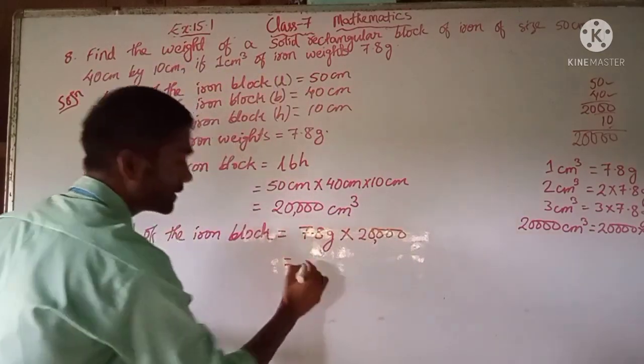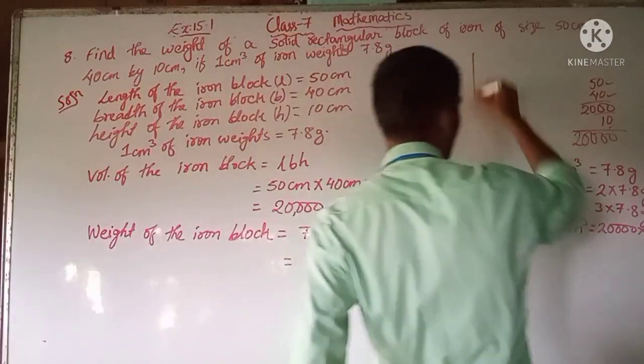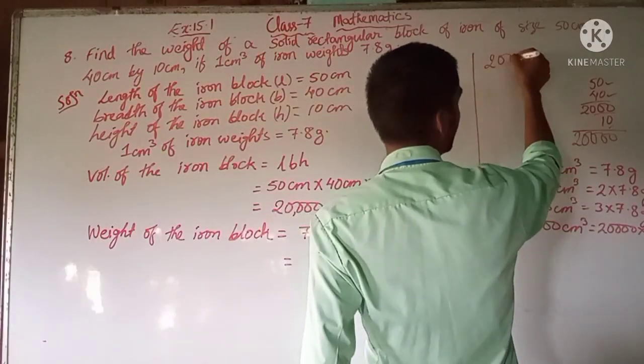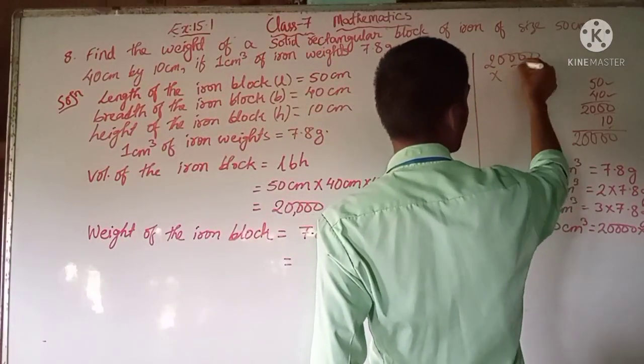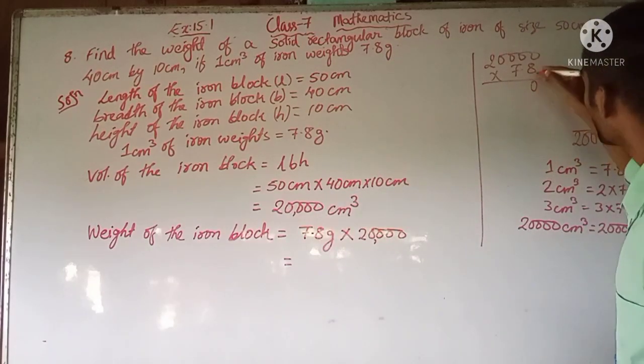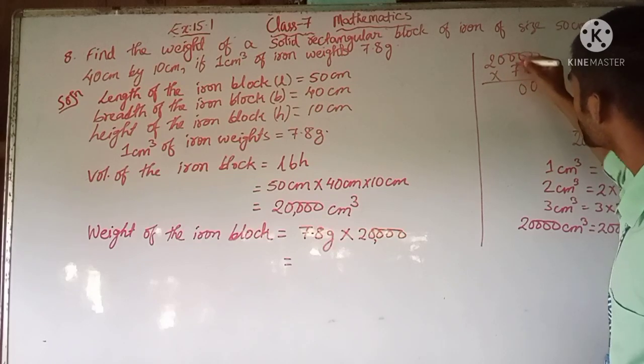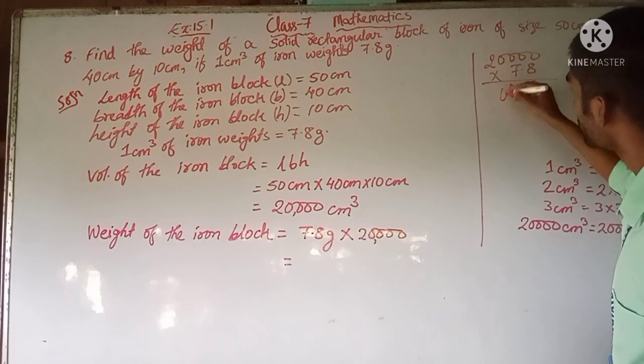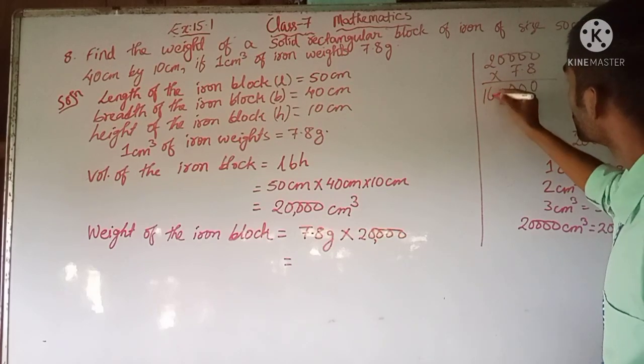So let us multiply them. That is 20,000 into 7.8. 8 into 0, 0, again 8 into 0, 0, again 8 into 0, 0, again 0, 8 into 2, 16.